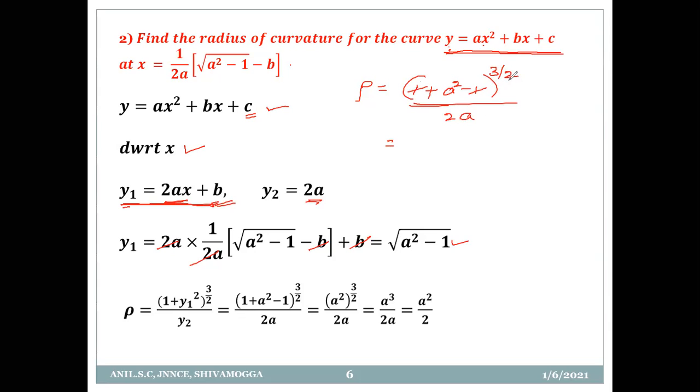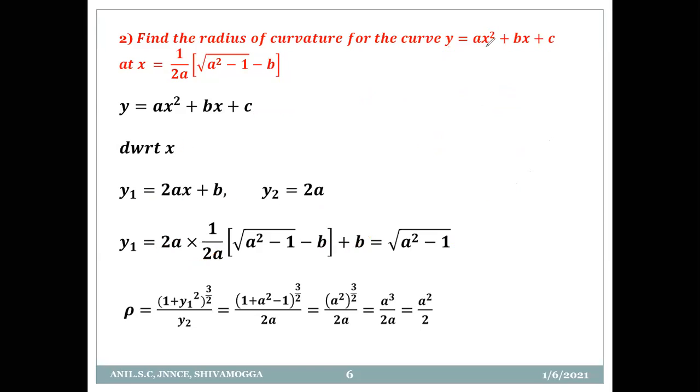This 2 will get cancelled with this 2. You just get a cube. A cube divided by 2a, or this can be written as a square divided by 2. This is always a positive quantity. A square divided by 2. Make a note of this.